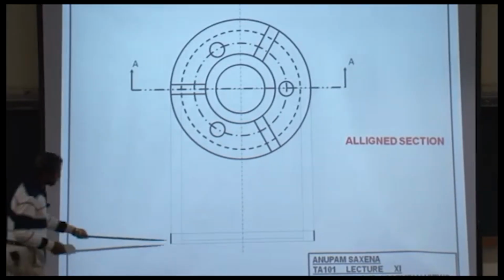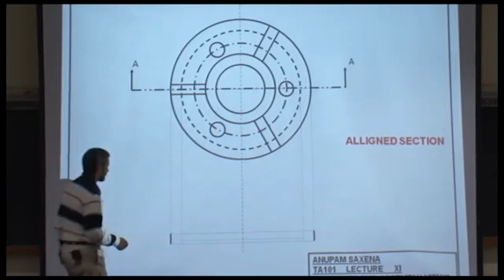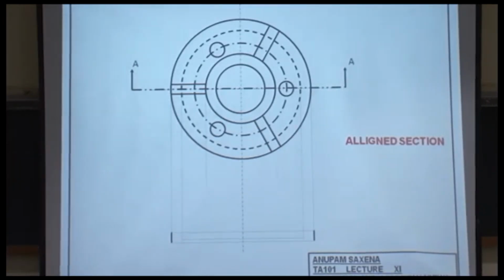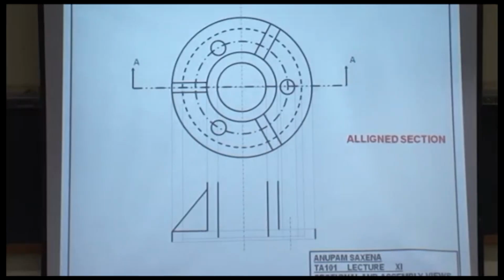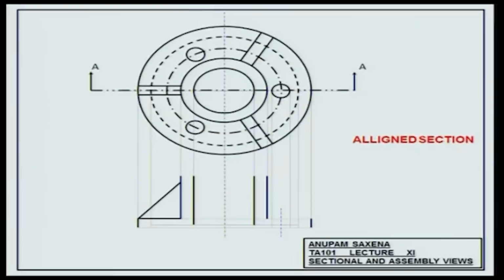So there's this hollow feature over here at the bottom of the disk. I'll take the projections. I'll get the cylindrical feature. I'll get this rib.